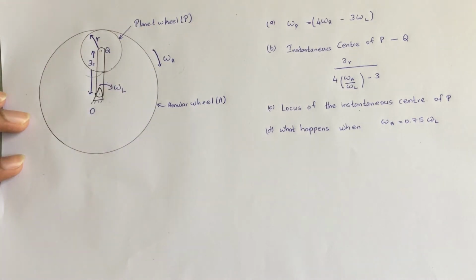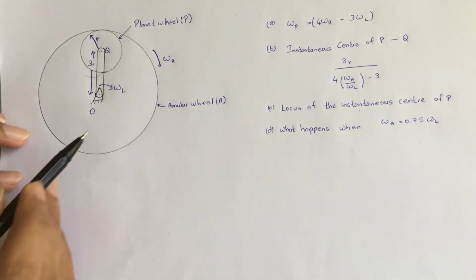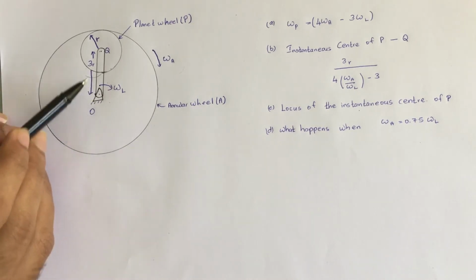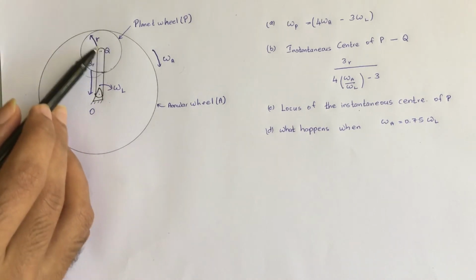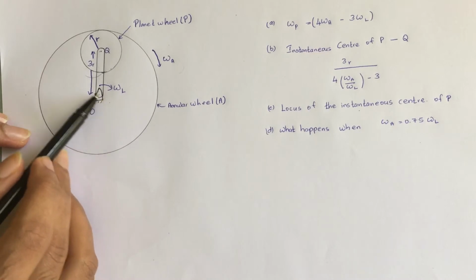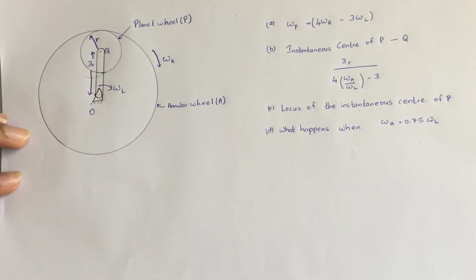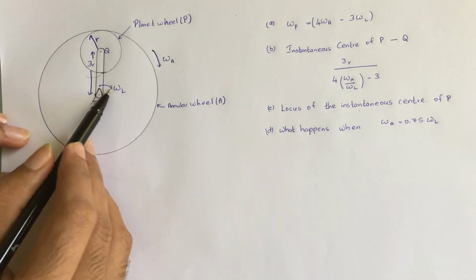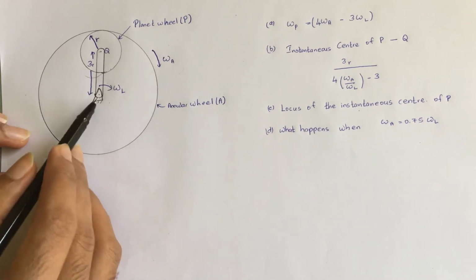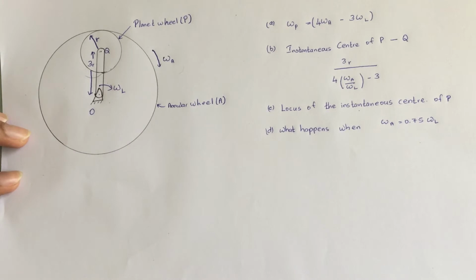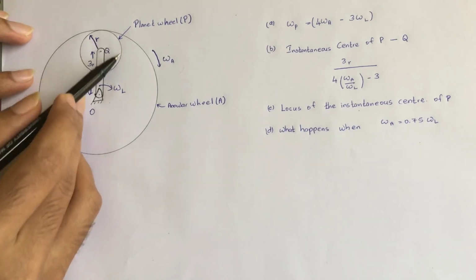What's going to happen here is we have connected this planet wheel using a rod to a fixed point called O. We are going to give an angular velocity of omega L for that rod. Also, we are not giving a separate velocity for this planet wheel.